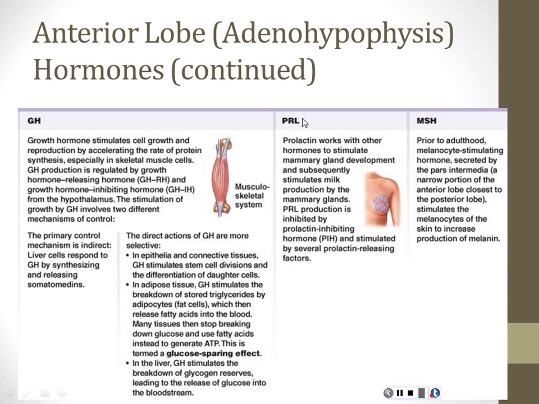All right. PRL is prolactin. Again, it tells you what it does. Lactose is milk sugar. So, and pro is to generate or to activate or stimulate. So prolactin is what stimulates milk production in the female after delivery of the baby.